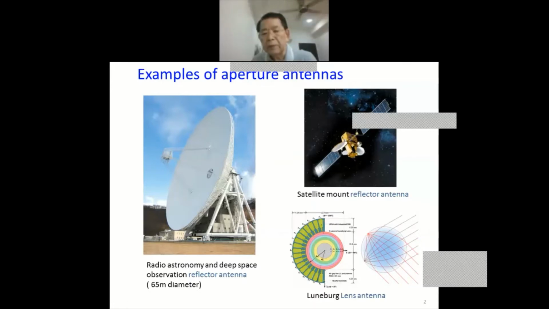The center has very high permittivity. This part is high permittivity, and the surface is low permittivity. So the radio wave is curved toward the high permittivity area.